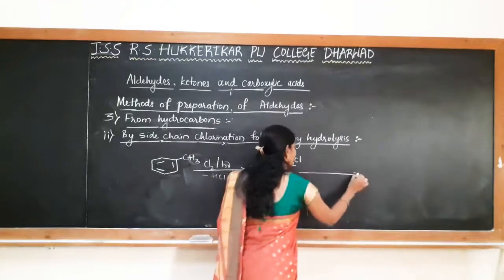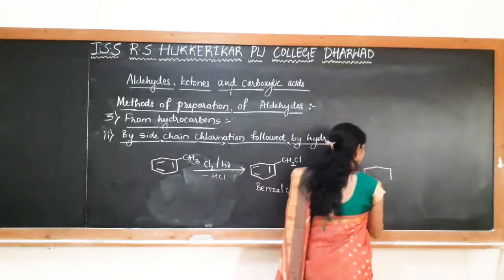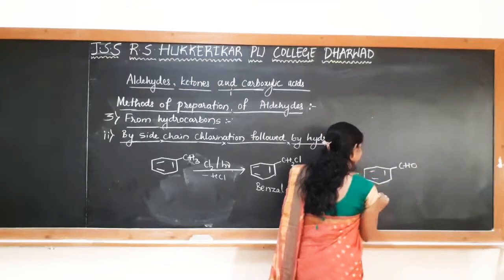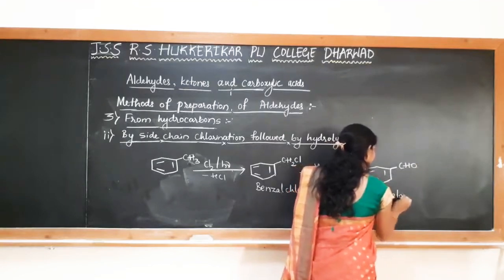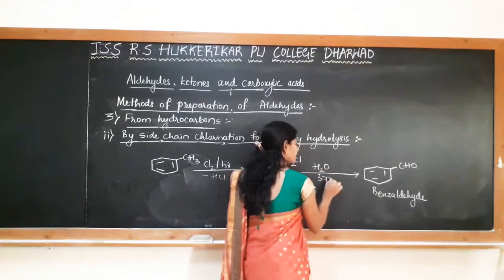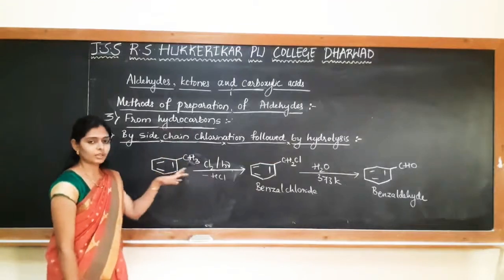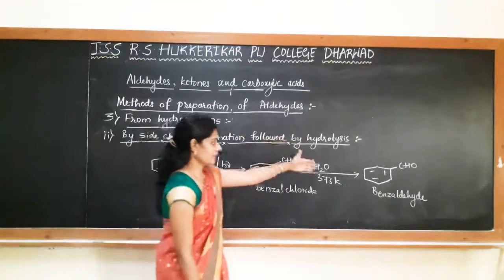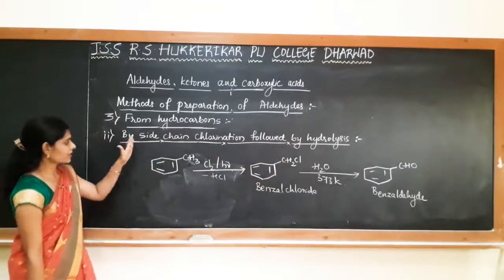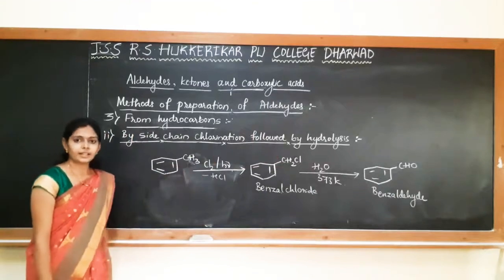This benzyl chloride is further subjected to hydrolysis, which results in the formation of benzaldehyde. Hydrolysis is done at 372 Kelvin temperature. We have to heat it with water so that benzyl chloride is converted to benzaldehyde. So this is the side chain chlorination followed by hydrolysis to get benzaldehyde.